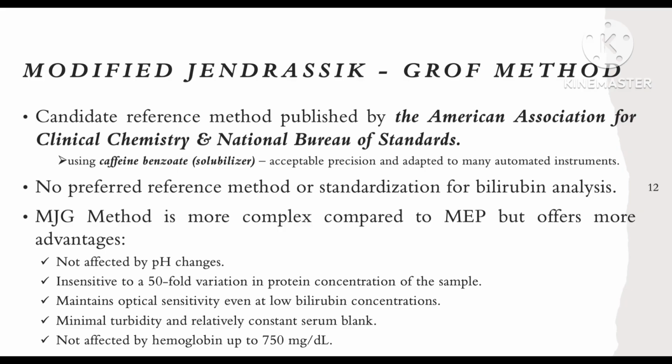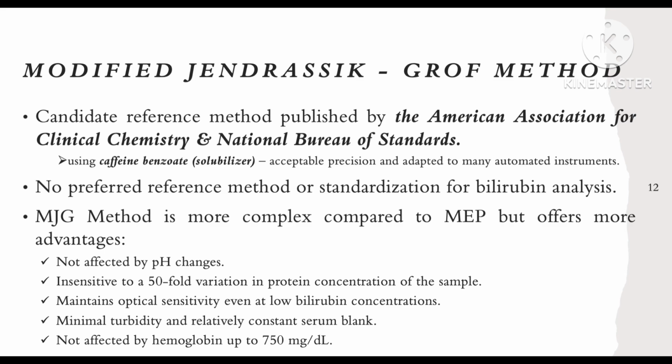With that, it means that it is suitable for automated analyzers. It has minimal turbidity and relatively constant serum blank. It's also insensitive to a 50-fold variation in protein concentration of the samples, and it is not affected by hemoglobin even up to 750 milligrams per deciliter.